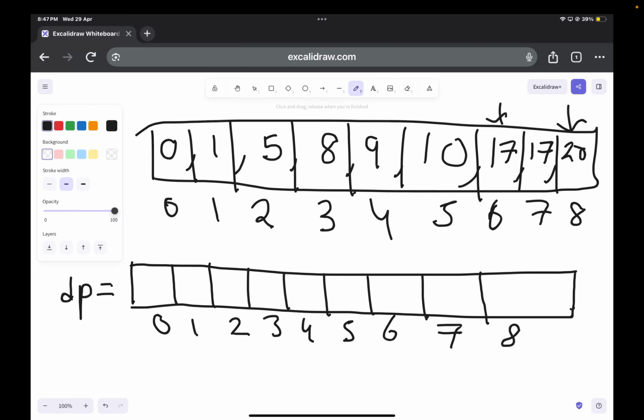Am I clear with this, DP? Yes, sir. So n is what? N is length. What is the total length? Total length is 1 2 3 4 5 6 7 8.